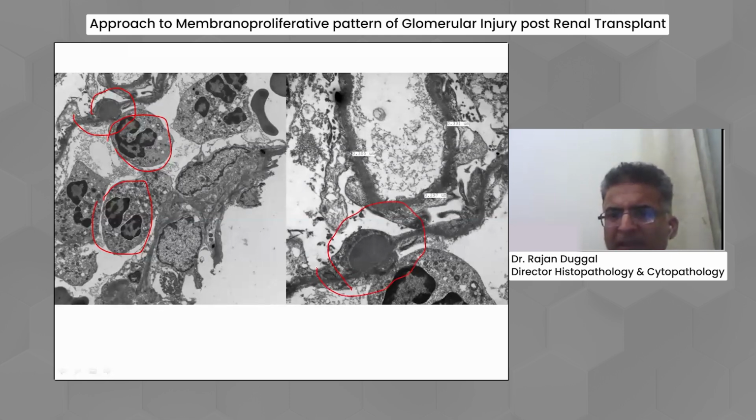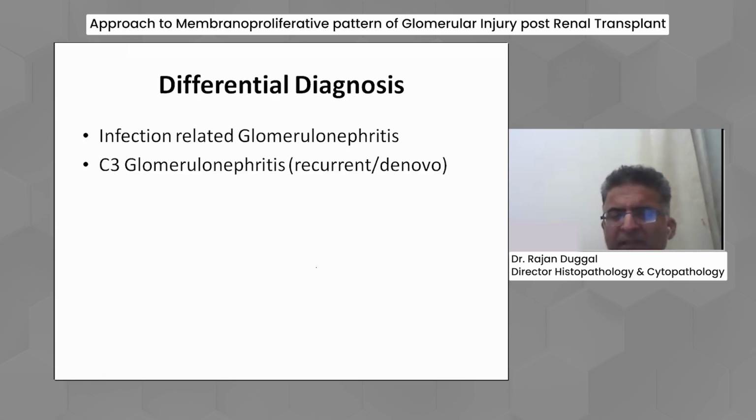So presence of hump-like deposit with endocapillary neutrophils, the first thing which comes to your mind is whether I'm dealing with the infection-related GN because there are subepithelial humps with neutrophils. So the differential diagnosis considered was whether it is an infection-related glomerulonephritis, and the second possibility was whether it is C3 glomerulonephritis. This was a young female, and we don't know the basic disease. It was CGN, and there was no history of any infection in this patient.